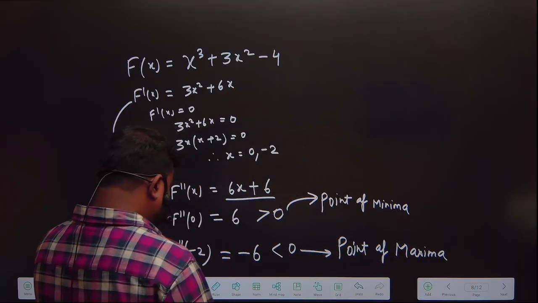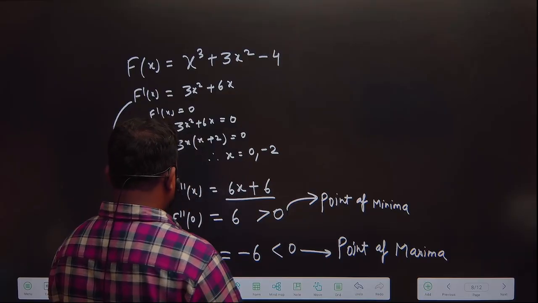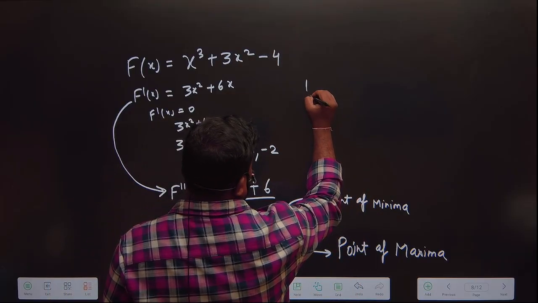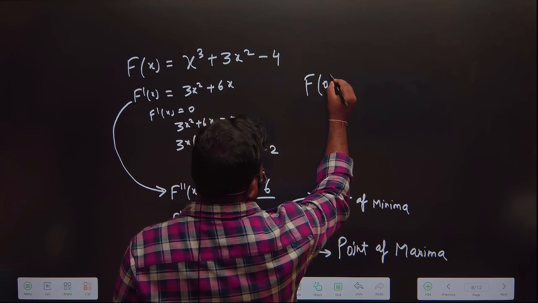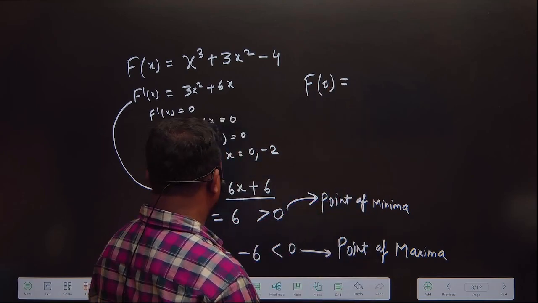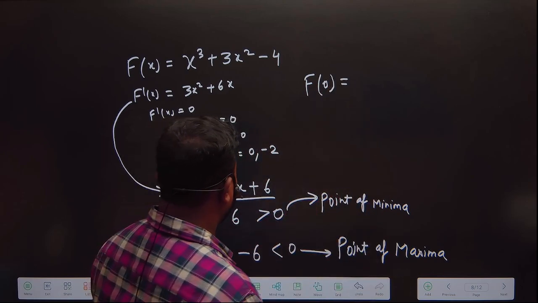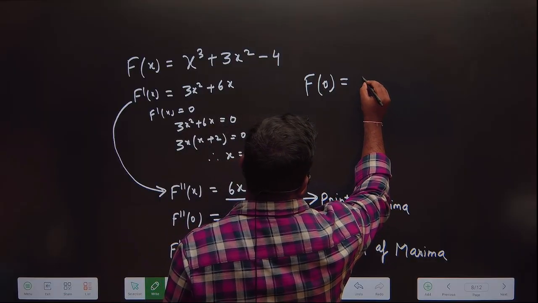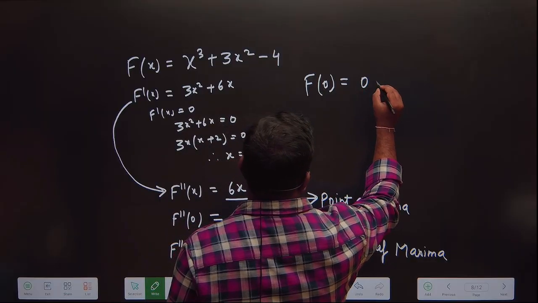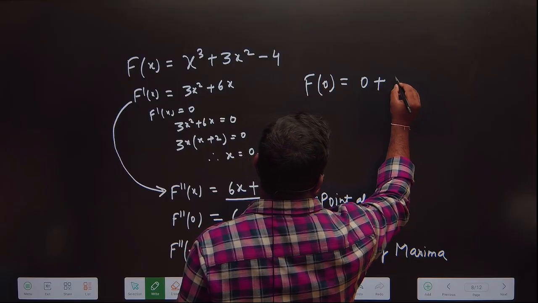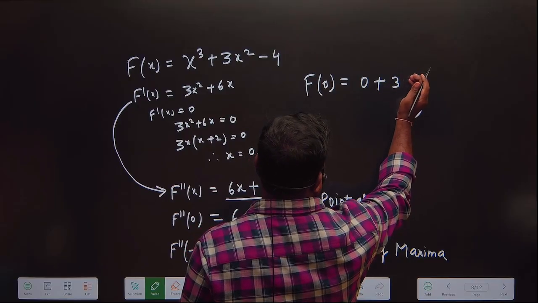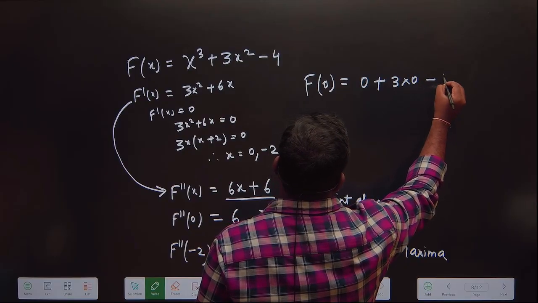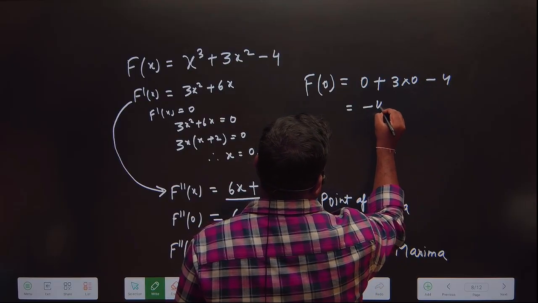And when we put this value in the function, we get the maximum value or the minimum value. Let's find f of 0, at the point of minima. F of 0 is 0 plus 3 times 0 minus 4, that equals minus 4.